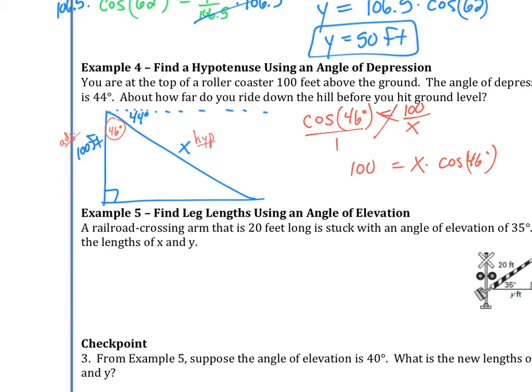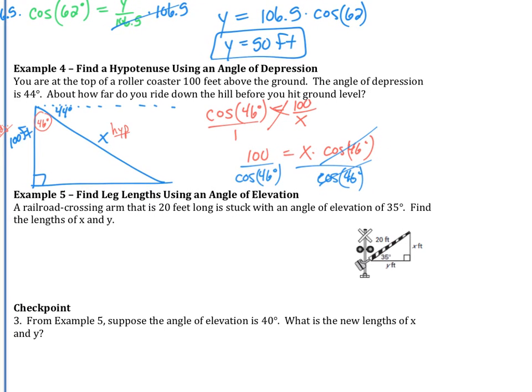And what is the opposite of times cosine of 46? We would divide by cosine of 46. So we divide by cosine of 46 degrees. 100 divided by cosine of 46 is going to equal x. So take out your calculator and do 100 divided by cosine of 46.